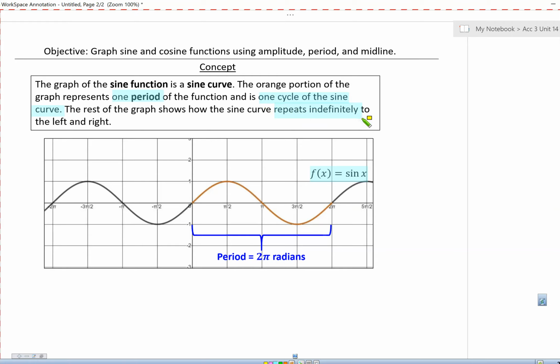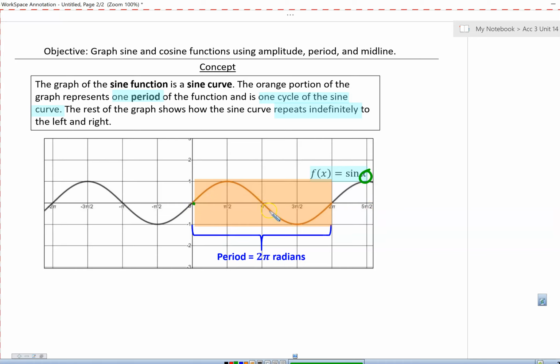We look at this section right here in orange, and it is what we mean by one period. So a period is an interval of your x values.